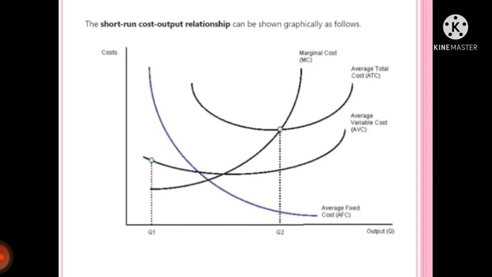The relationship between average variable cost, average fixed cost, and average total cost can be summarized as follows. If both average fixed cost and average variable cost fall, the average total cost also decreases. When average fixed cost falls, the average variable cost rises.